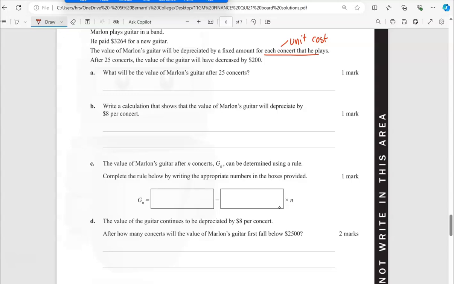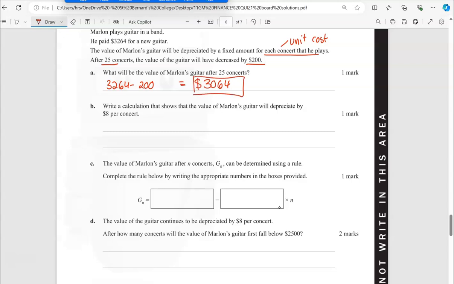What will the value of Marion's guitar be after 25 concerts? So if it's decreased by 200, what's the value? You just have to do 3,264 minus 200. Yeah? 3,064 is the answer.